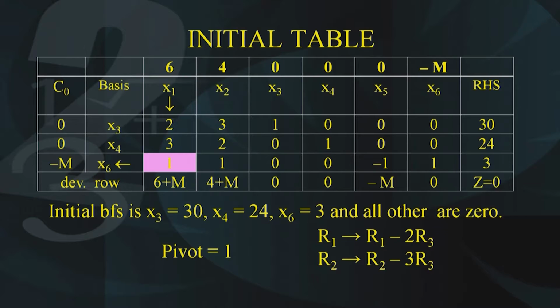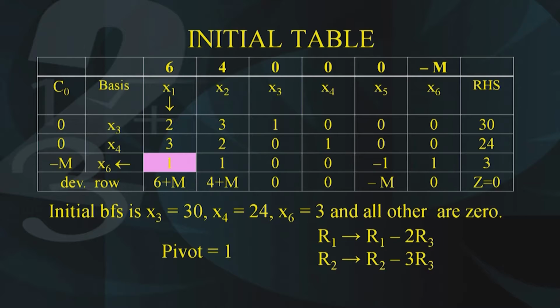Next, we need to decide which is the leaving variable, and for this we will perform the minimum ratio test between the right hand side and the pivot column. What do we find? The right hand side is 30, 24, 3, and the pivot column is 2, 3 and 1.